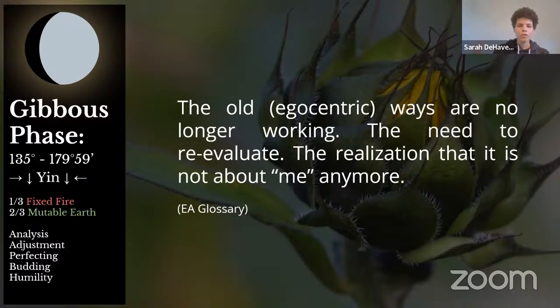Like the sesquiquadrate is a very awkward gate, right? It's got that Leo bent, so it's like, I'm special, I'm important, I have something to say, and I want to express myself, but yet because sesquiquadrate is like an eighth harmonic aspect, that gate into the phase, there is this tone of, yeah, but you also need to, as the evolutionary astrology glossary says, reevaluate.